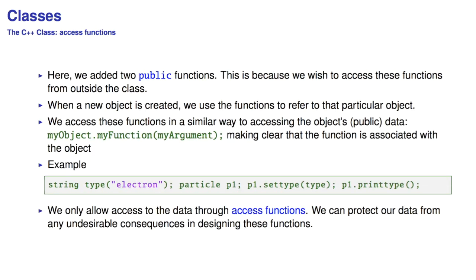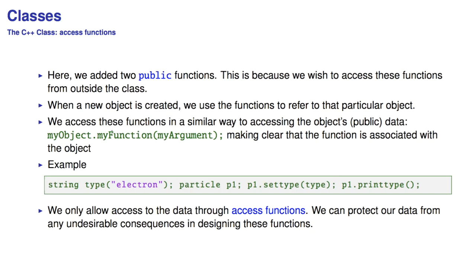So these two public functions are there because we wish to access these functions from outside the class. So the methods of the class are available outside the class, but its data is not. When a new object is created, we use the functions to refer to the particular object. We access these functions in a similar way to accessing the object's public data. So you write my object dot my function of my argument.